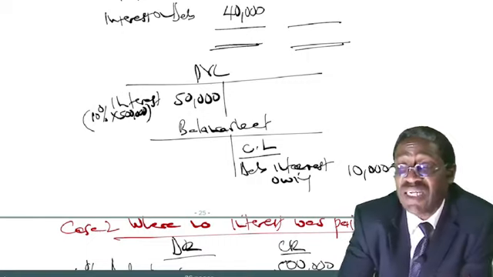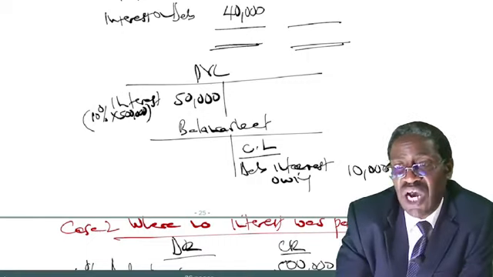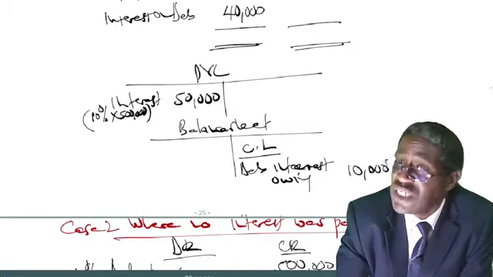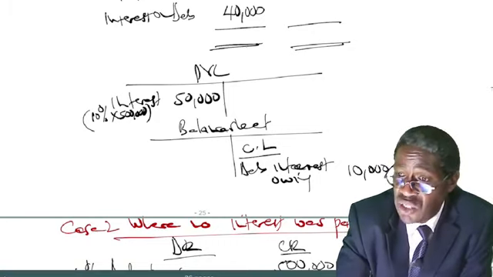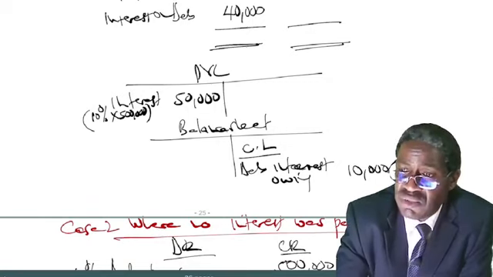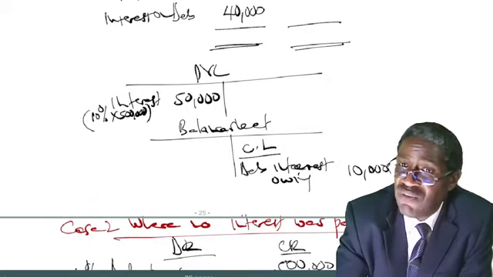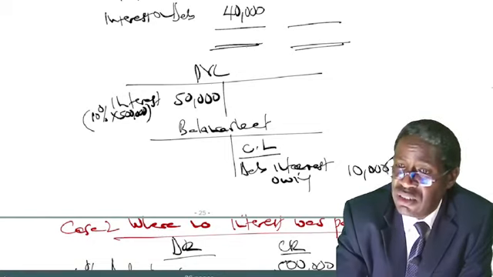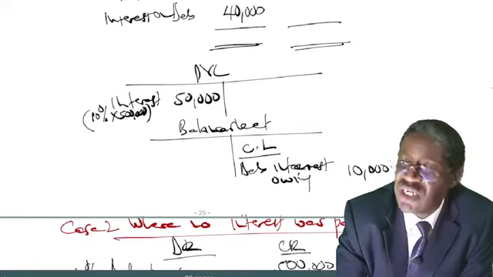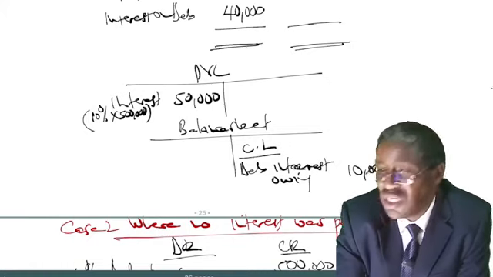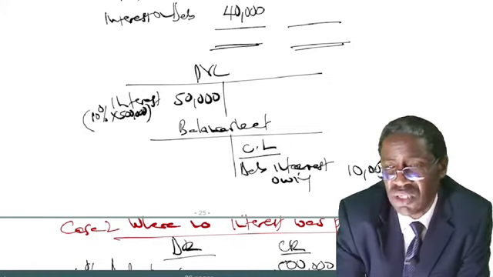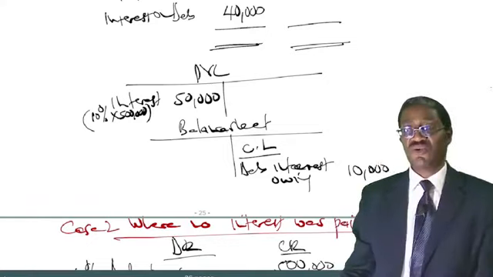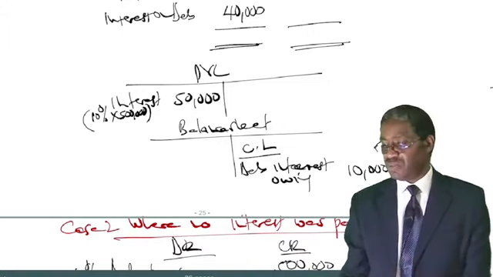Among the current liabilities you will have debenture interest owing of how much? 10,000. I'm supposed to pay them 50. I've only paid them 40. So I owe them another 10. That 10 is what you take to the balance sheet as a liability. Okay? Good. So finish. If you are through, we want to go to case 2 now.